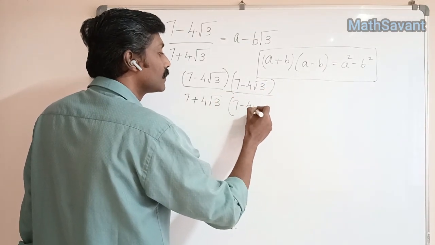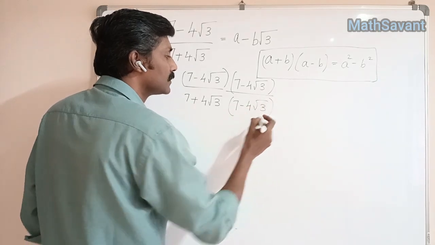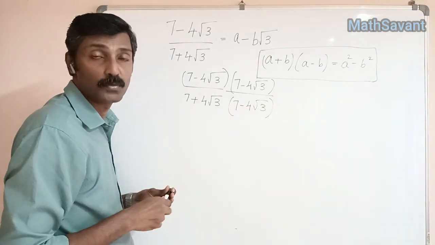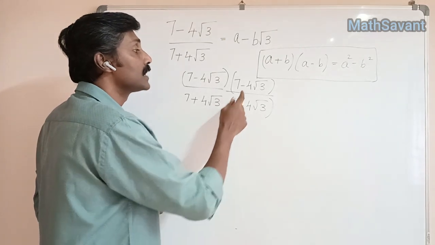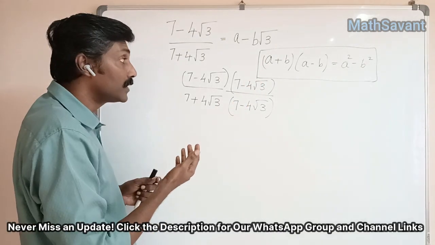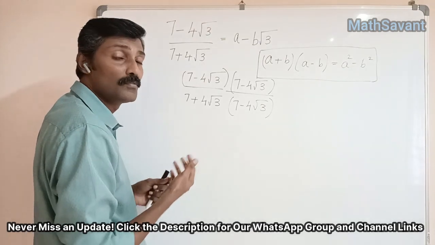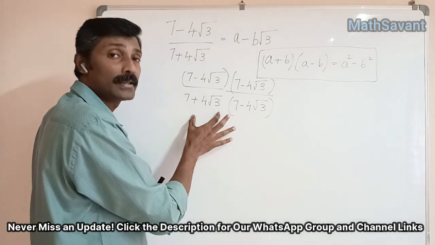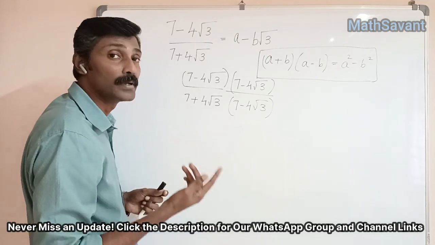So that means this is making no effect to the answer, right? I'm multiplying the same thing in the numerator and the denominator. Obviously it gets cancelled. But somehow we managed to get rid of the square root in the denominator.